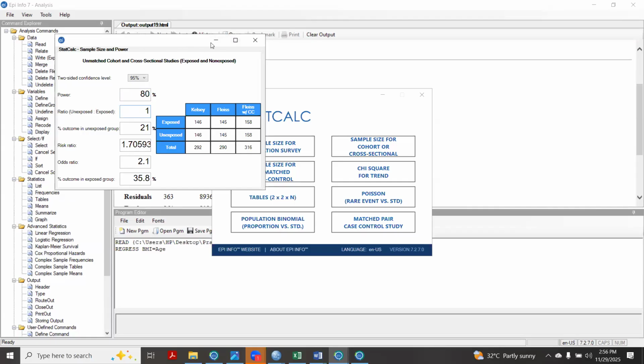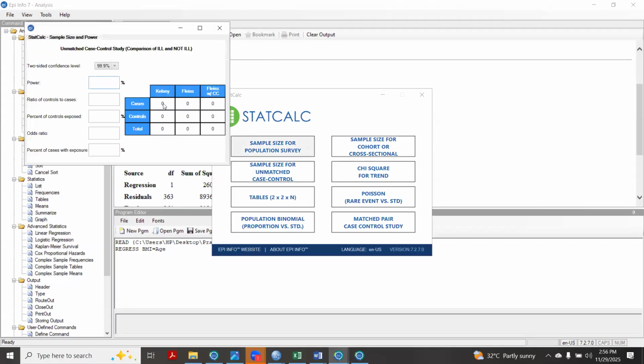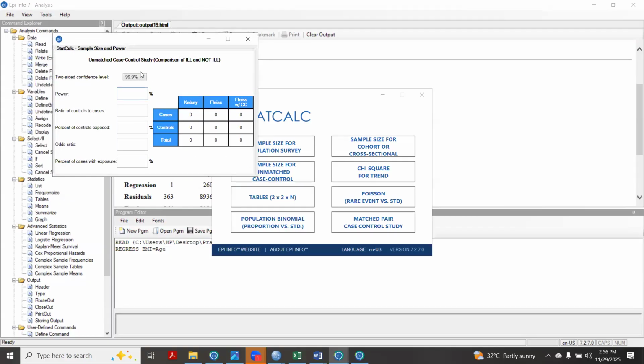So the other one is if you're doing for case control, it's almost similar. If it's a case control, you choose your confidence interval. The default power is 80. The ratio controls to case 1:1 is usually better.